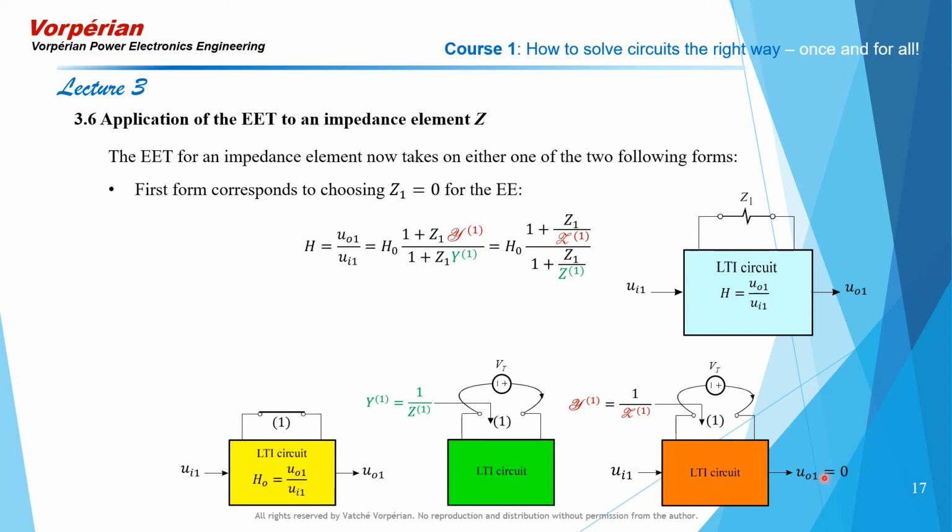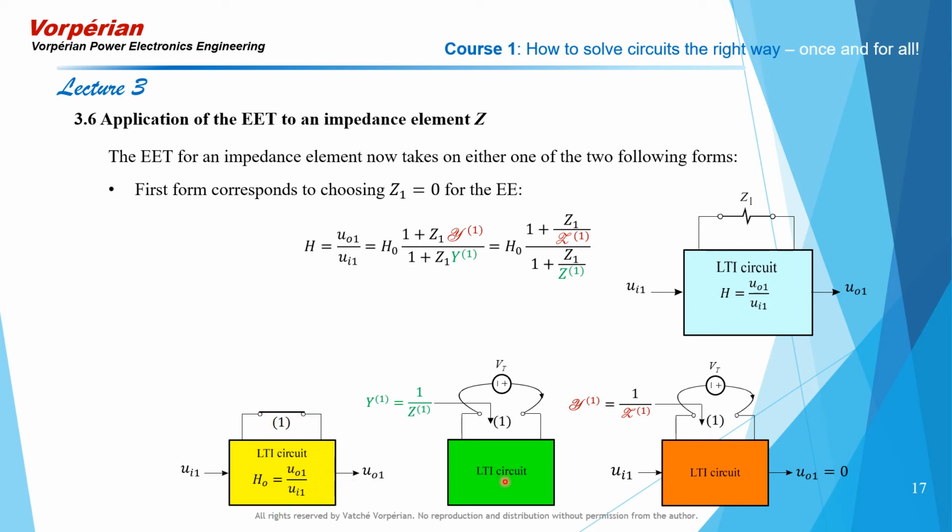Together they null the response, and under those conditions you determine the input admittance. And with script y1 and Roman y1 being computed, you replace that inside the extra element theorem with H0 computed from this calculation here with the element shorted.